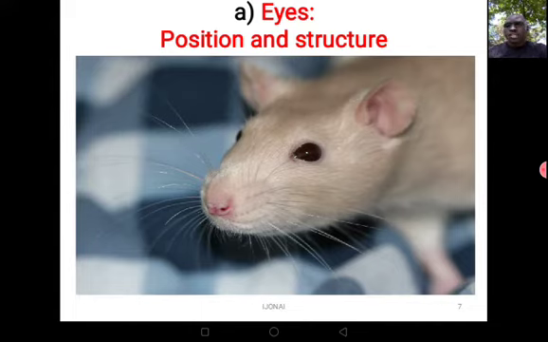Well, you can say probably, the eyes are located on top of the head, but on the sides. So biologically, using our terms, what do we say? The eyes are dorsolaterally located on the head.